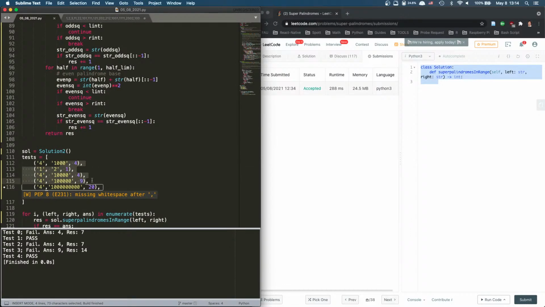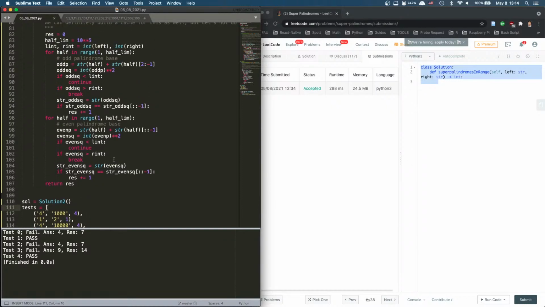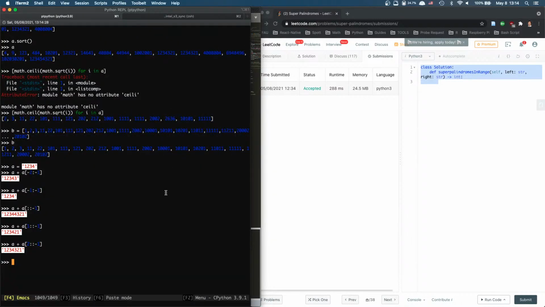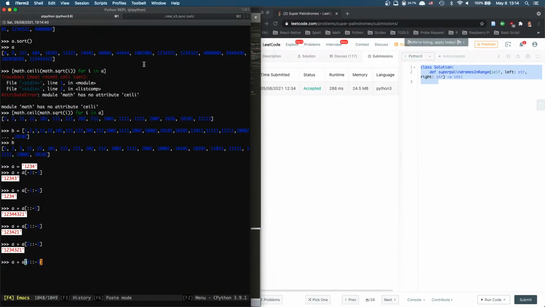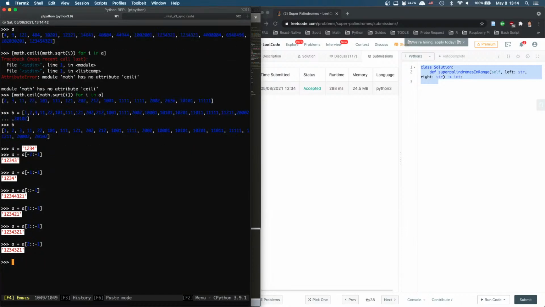Oh yeah, now the other one failed. What the hell? Is that not right? Oh, this 2 minus 1. I don't think that should be 2 to this, then the minus 1. Wait. What is this?